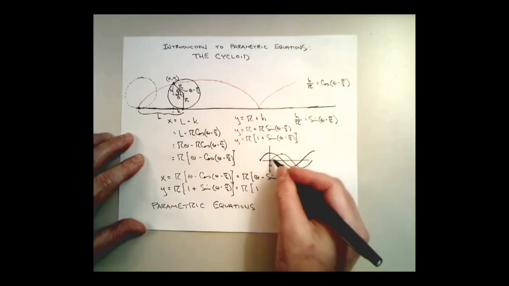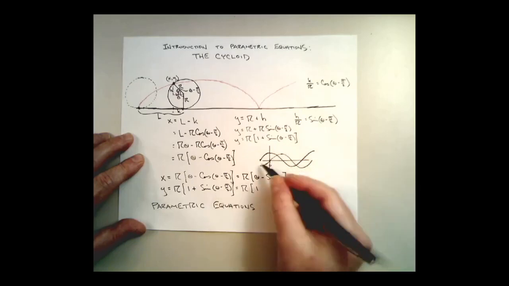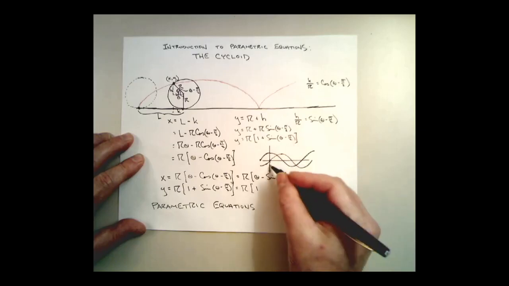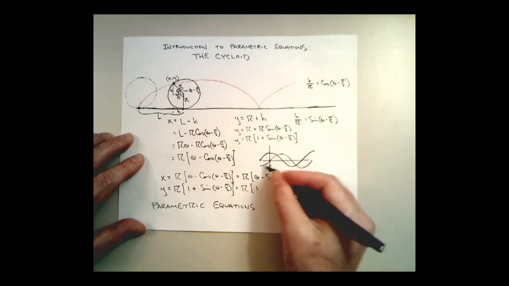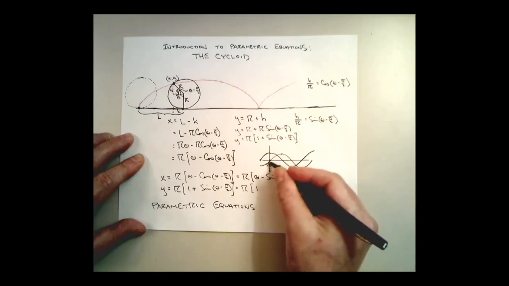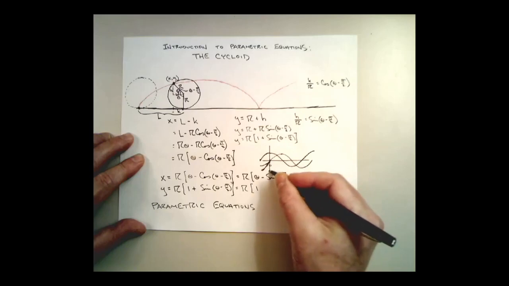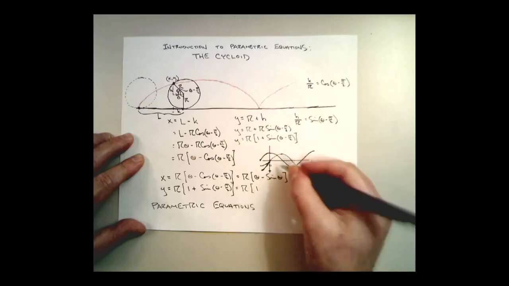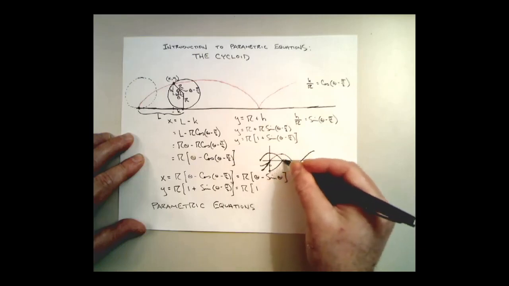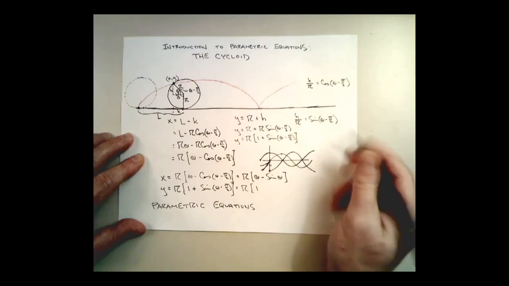So if I took the graph of sine and shifted it this direction by pi over 2 units, I'm going to wind up with the opposite of cosine.